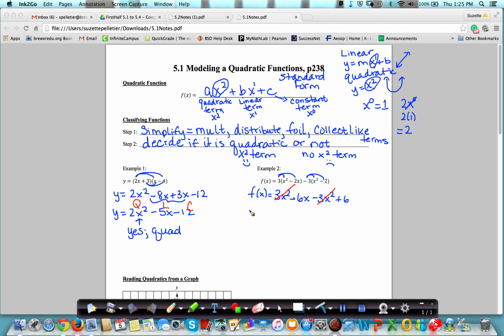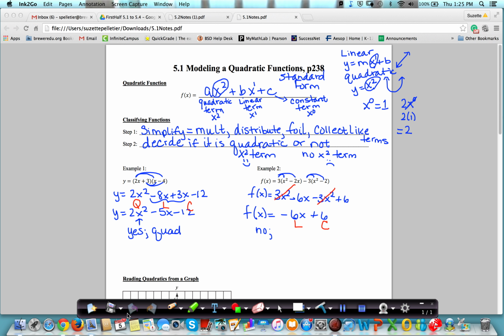And we are left with f of x equals negative 6x plus 6. And that is as simplified as that gets. And since there is no quadratic term, we're going to say no, this is not a quadratic. And then I'm going to label my terms. So this is a linear term, and this is a constant term. So there is no quadratic term in this example.